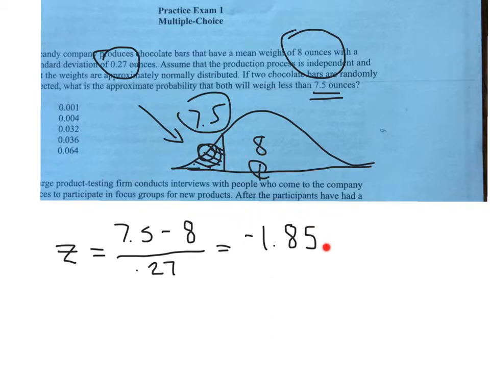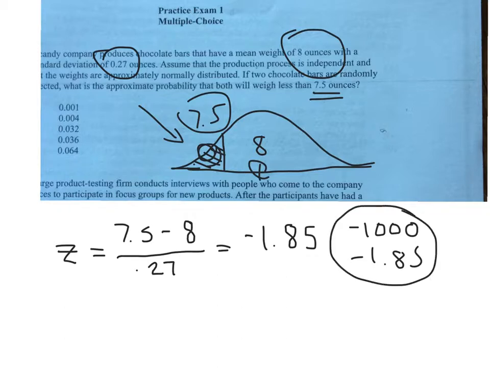We've normalized that curve. So now speaking of which, we go normal CDF to figure out what that is. And let's see, what would we do? We would do negative 1,000 to negative 1.85 in normal CDF.